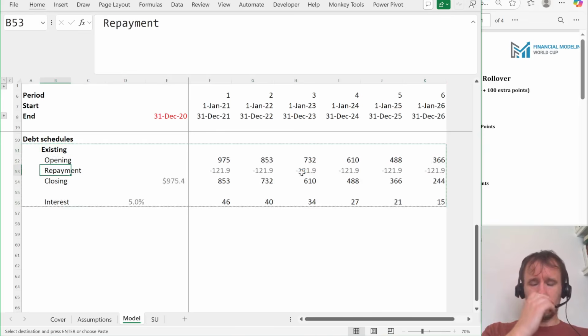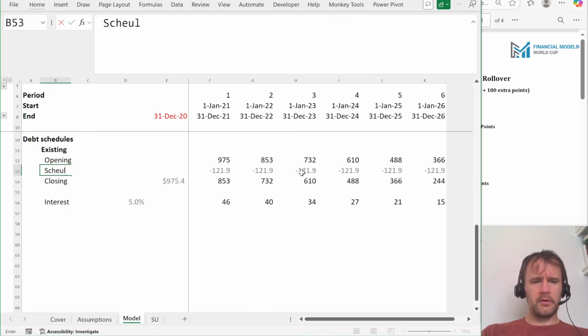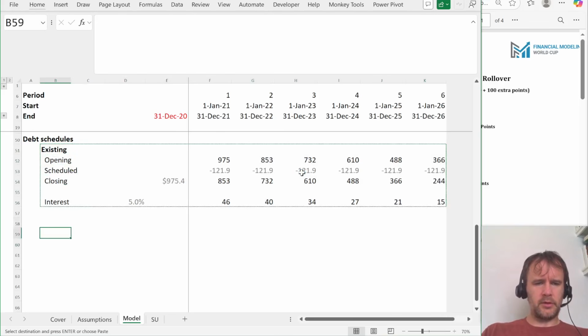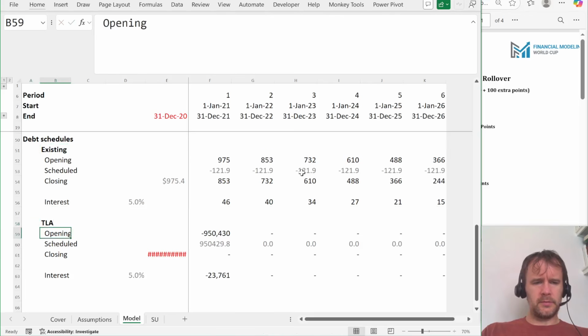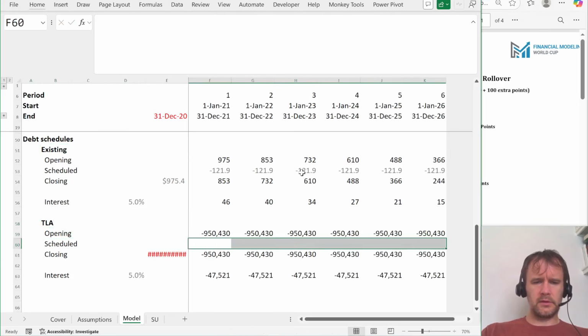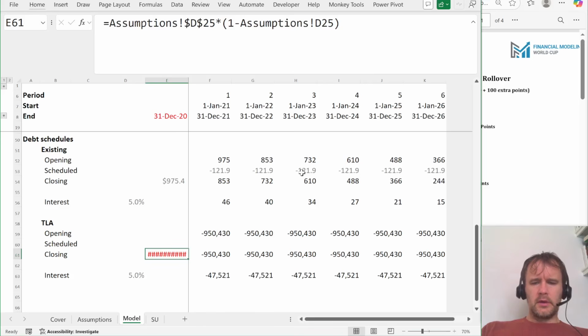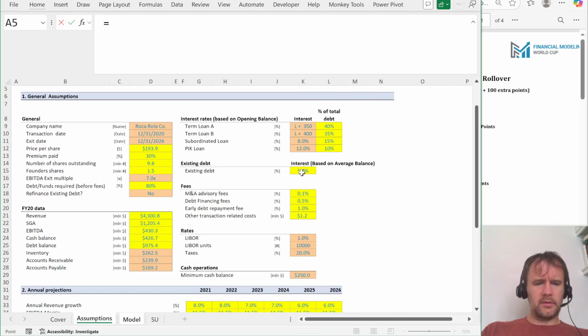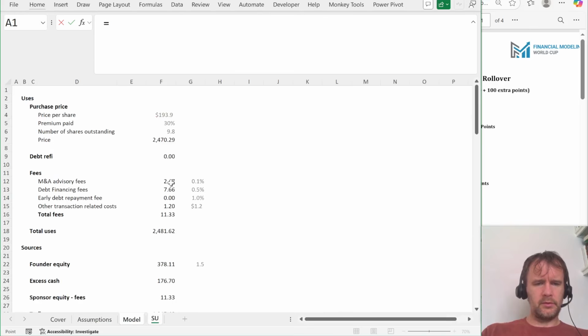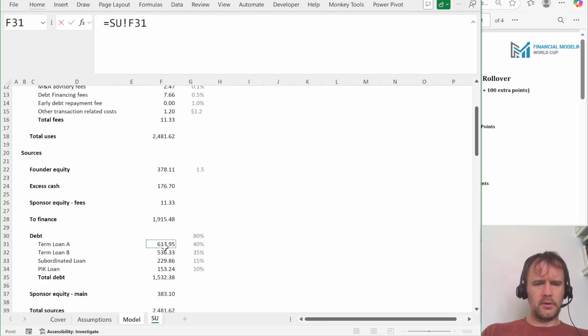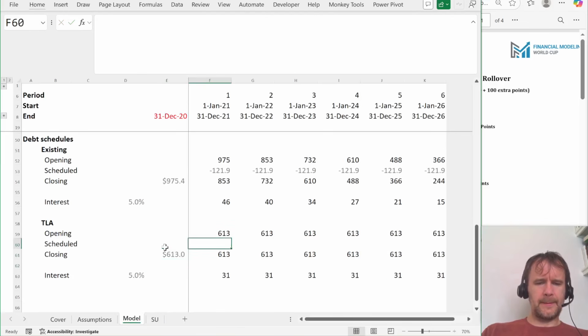Oh yeah, that's right. I want to split my scheduled versus other payments, because I do have other payments for term loan A and term loan B. So let's do TLA, get rid of all that. Then this can be from the sources and uses. TLA can be that.